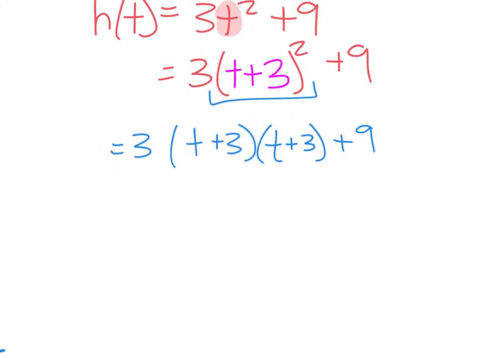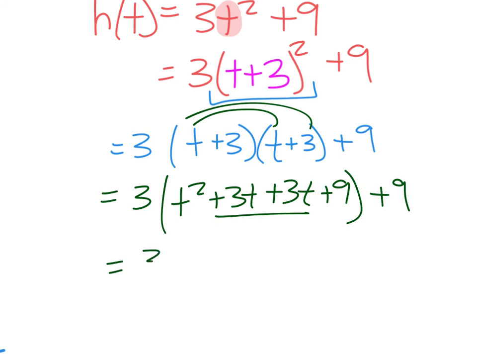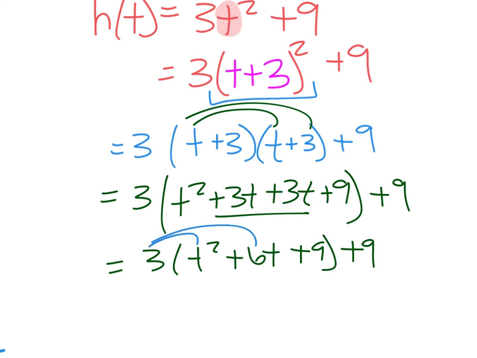So multiply, keep that 3, do your FOIL. So t squared plus 3t plus 3t plus 9, and then plus 9. And then you can combine like terms, or you can distribute the 3 next, doesn't matter. So if we distribute the 3, and remember, all we're doing is simplifying this down as much as we can, combining like terms, multiplying as much as we can.